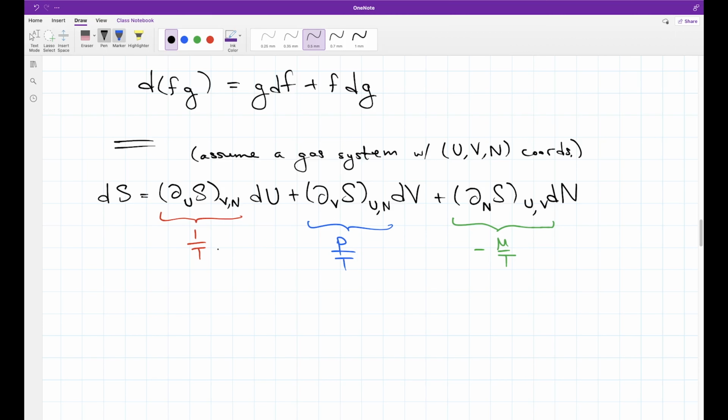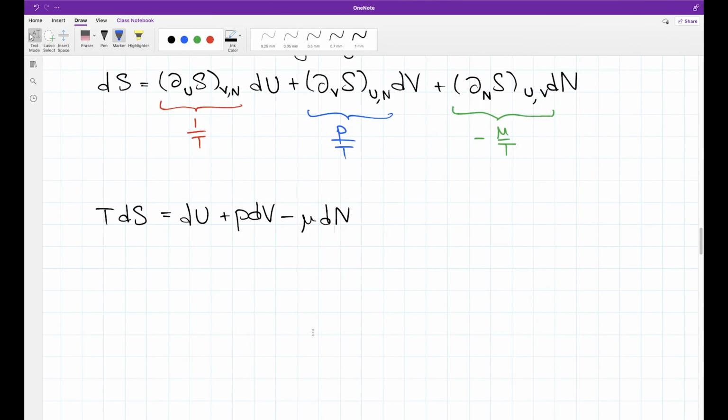Now, looking at all of the expressions on the right-hand side of this equation, it makes sense to multiply both sides of the equation by T. If we do that, we then get T dS is equal to dU plus P dV minus mu dN.